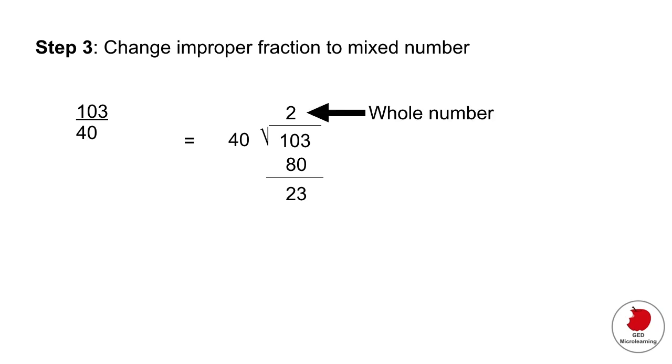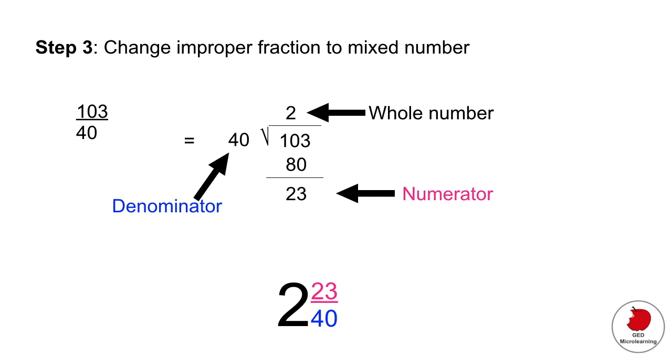The number at the top is going to be the whole number of your mixed number. The numerator is going to be 23, the remainder, and the 40 is going to be the denominator. So your mixed number is now 2 and 23/40.